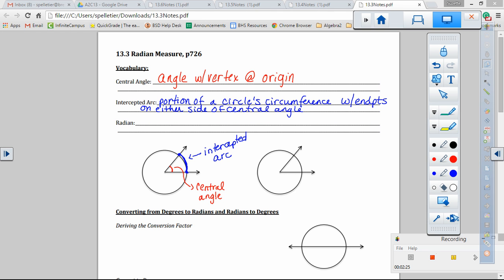So a radian is the measure of an angle whose intercepted arc is the same as its radius.